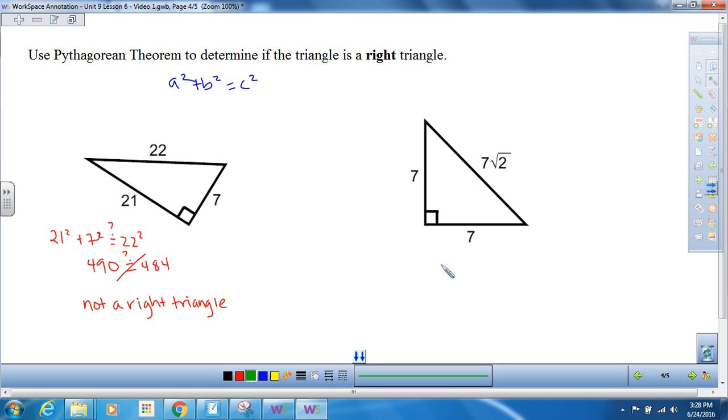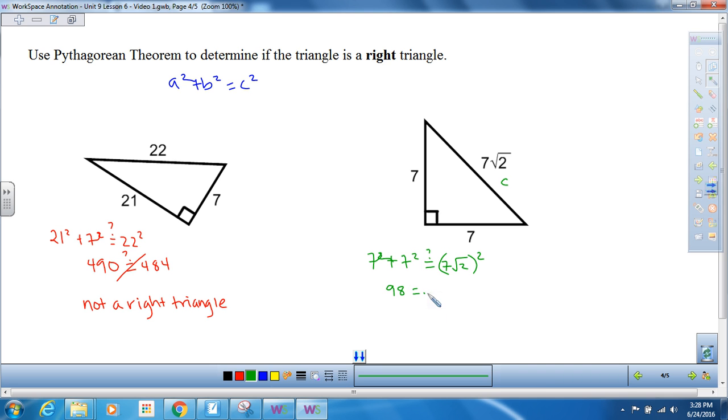Okay, let's check this one. This time my c is 7 square root of 2. So my legs, my a and my b, are both 7. I want to know, does that equal 7 times square root of 2? What's important when there's a radical is that you have to square the whole thing. So 49 plus 49 is 98.